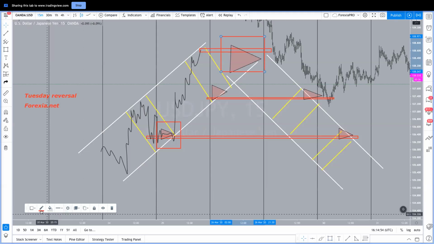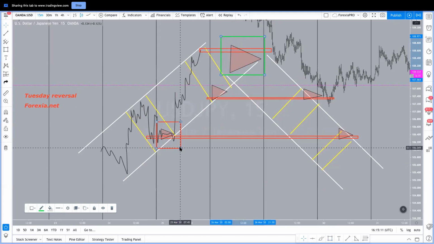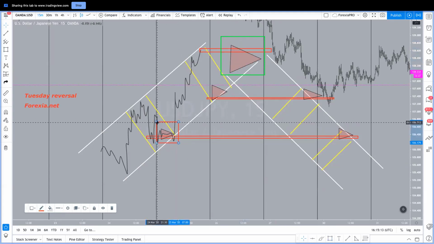So where I highlight in green is the type of signature trade that is reversing both micro and macro trend and changing that direction. So both of them are reversal patterns, but one of them is for the creation of that macro trend.